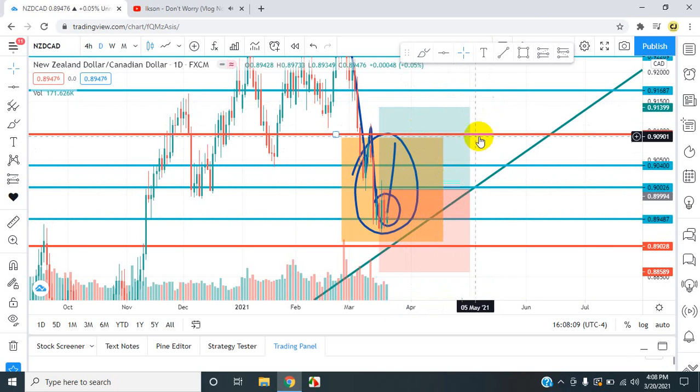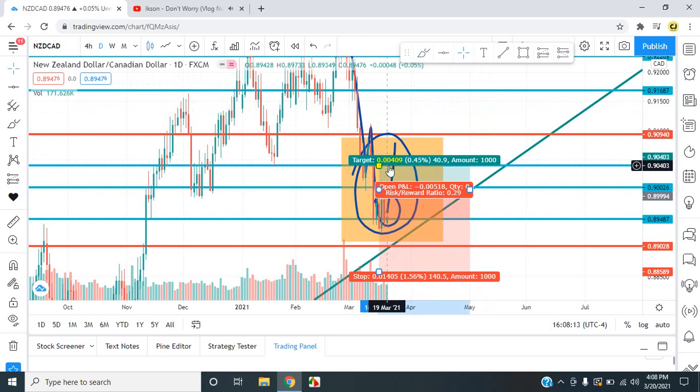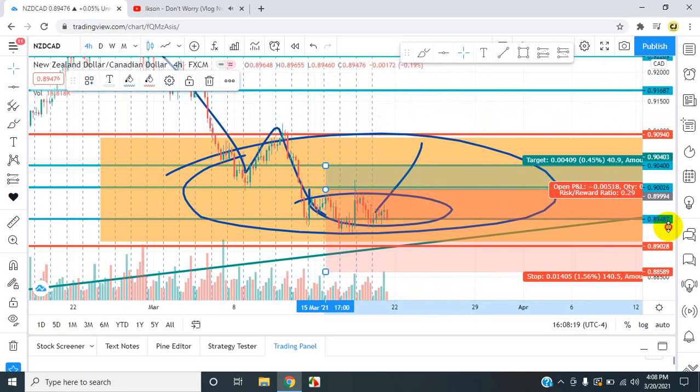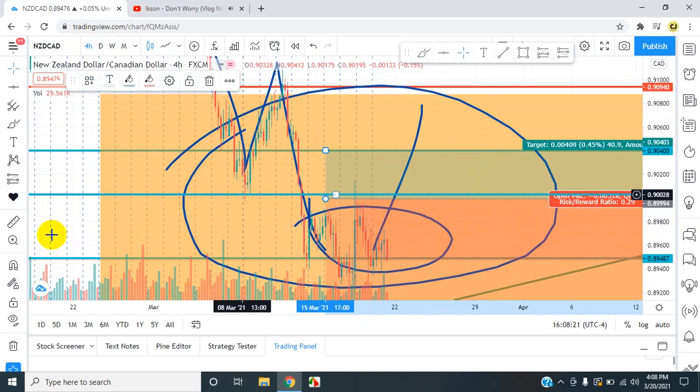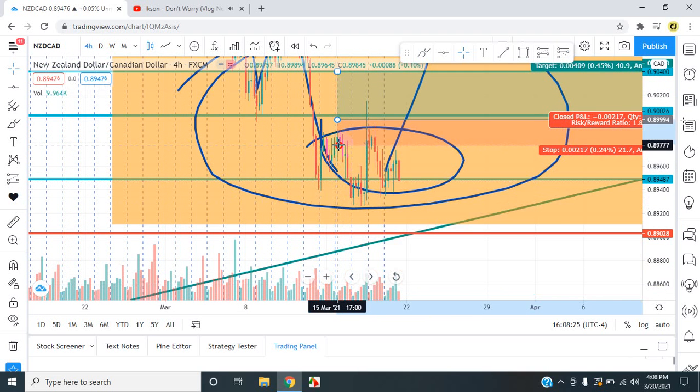So market's probably going to reach up to our red line, but if not, just to play it safe, we can take it up right up here for 40 pips to our next SR lines. We can tighten up our zone. Excuse me, we can tighten up our low, which would be our stop loss.